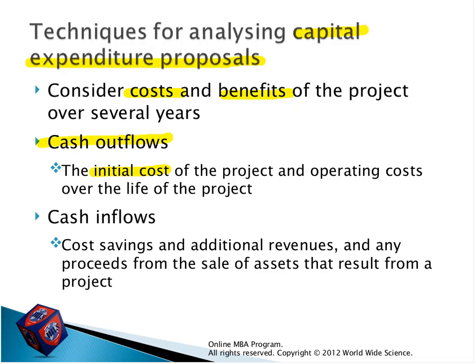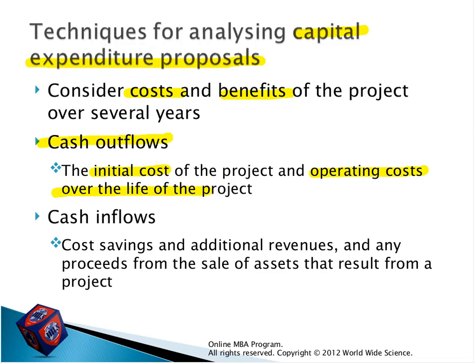And some operating costs over the life of the project, like if it's new equipment, it may need some repayments in the future, or training new staff. This is cash outflows, when we spend money on the project.